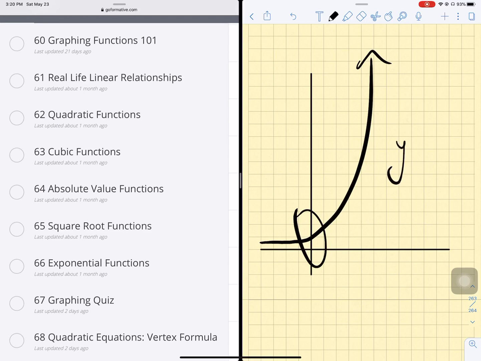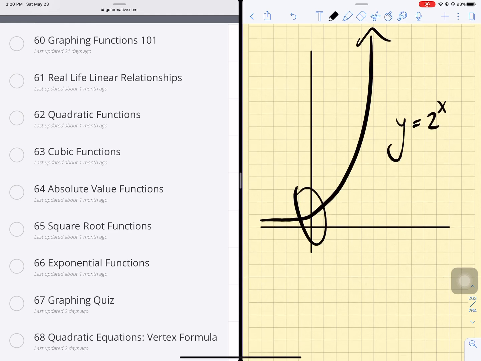What does it usually look like? Something like this, y equals 2^x. See how it's different? 2 to the x power. And then what you're doing in your table is plugging in numbers like 2 to the 0, 2 to the first, 2 to the second, 2 to the third. 2 to the 0 is 1. That is something you need to remember. Anything to the 0 is 1. 2 to the first is just itself. 2 to the second is 4. 2 to the third is 8.